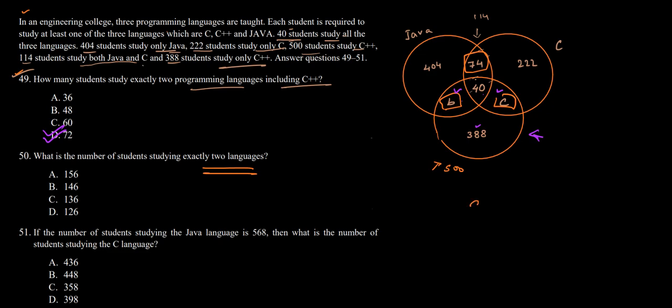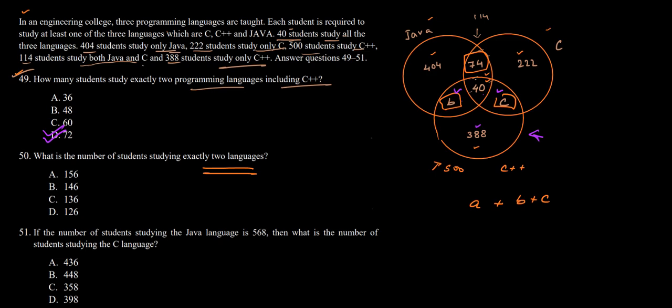So our answer here will be A plus B plus C, because we will not consider 404, which are the students studying only Java, 222 studying only C, and 388 studying only C++. Also you can see that 40 students are studying all three languages.